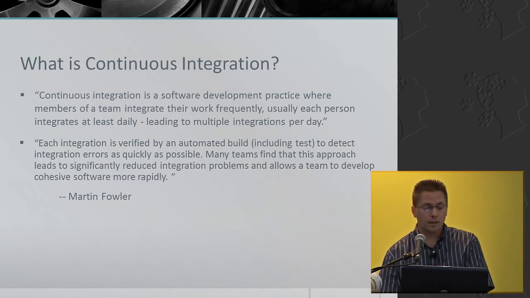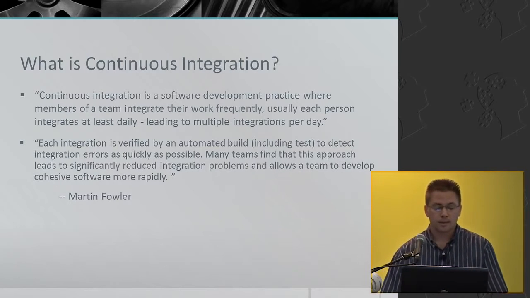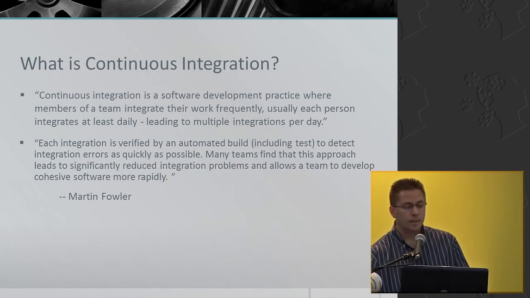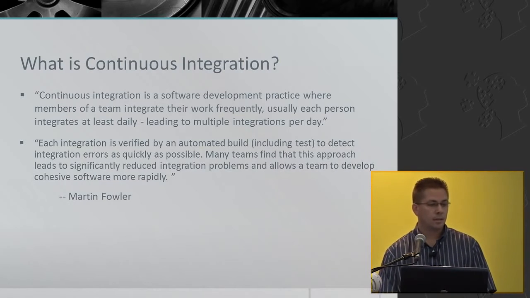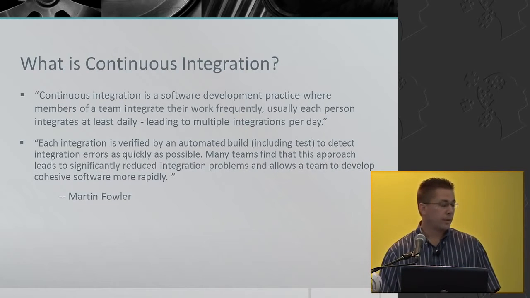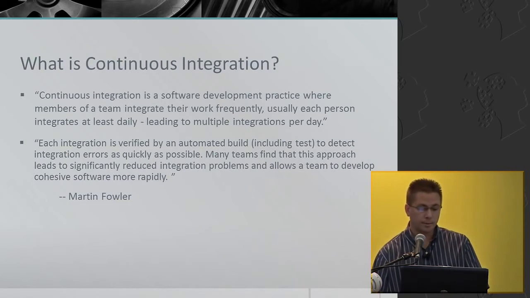TFS will actually automate the majority of those steps. So when a developer checks in his code, TFS will capture that event, and it will do the build for you. It will do the execution of the unit test, and it will verify the results and report back to the developer, success or failure.